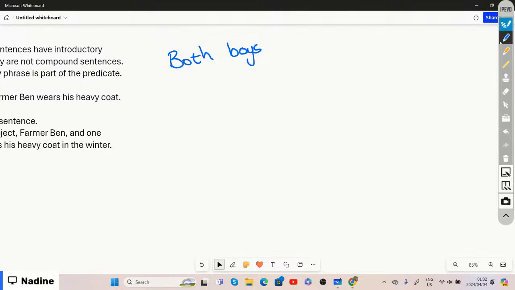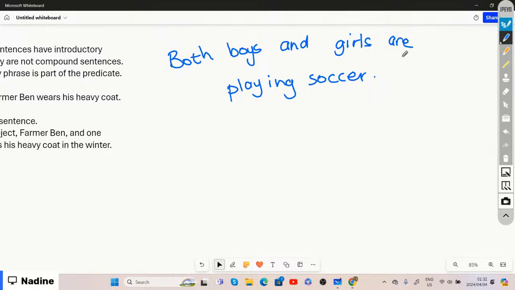Or do I say both boys and girls are playing soccer? I'm not sure if I'm using this within the correct sentence, but it's where you use words like both as well as and, because both and go together, right?